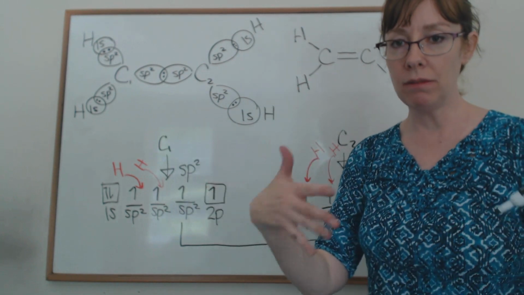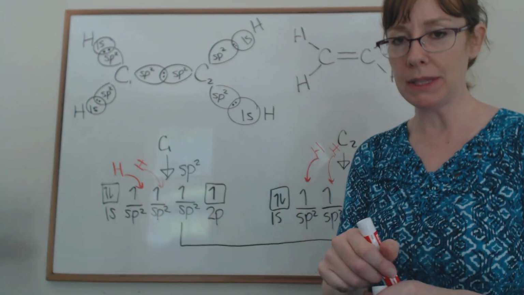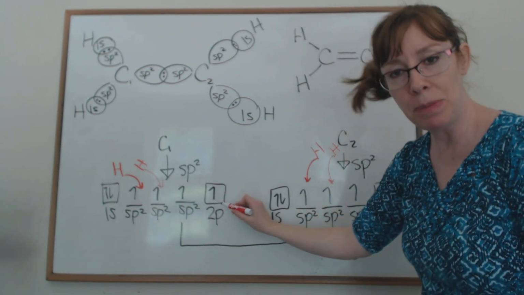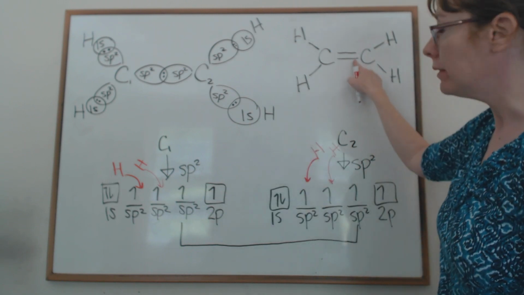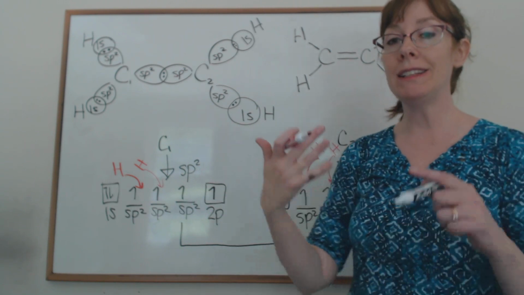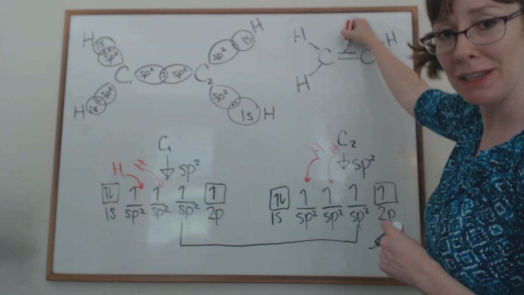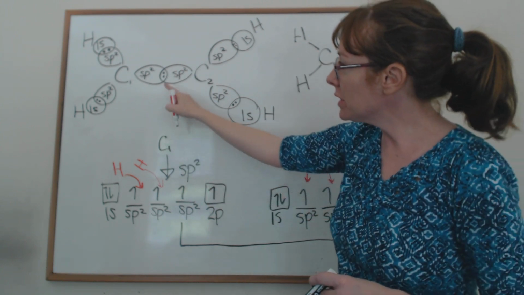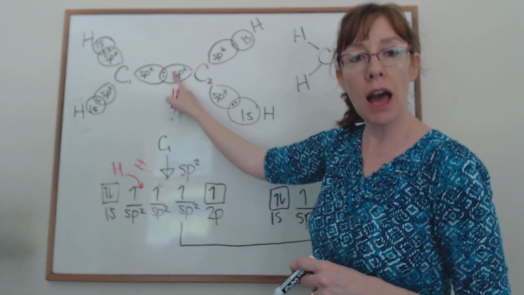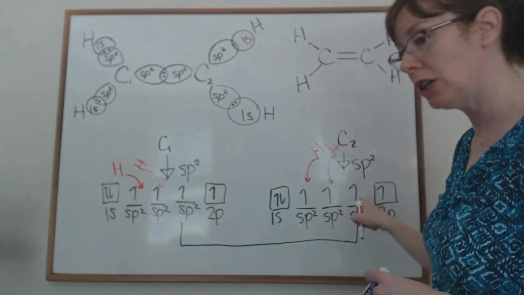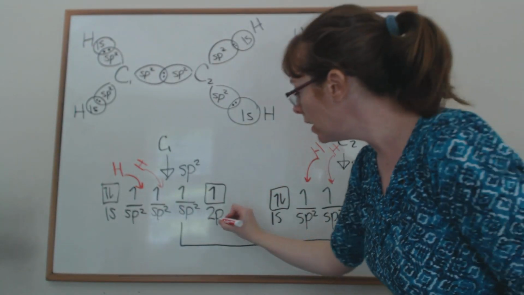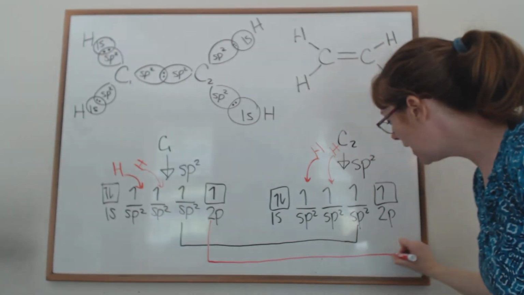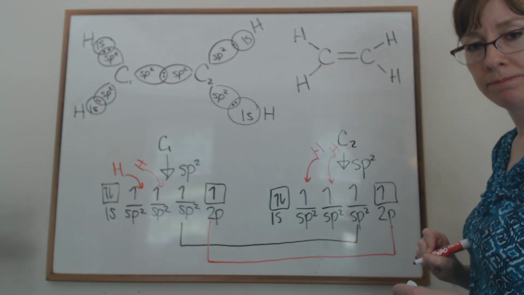Now, here's where it all wraps up. The last bond, this one, is fundamentally different than the previous one. The first carbon-to-carbon bond uses these hybrid orbitals, sp2 to sp2. The second one uses standard 2p orbitals.